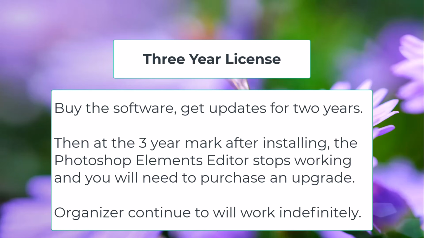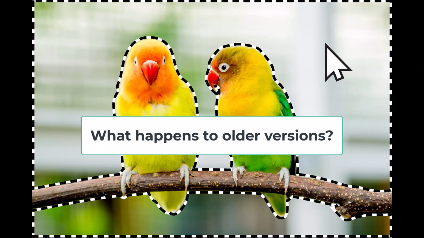Now, the big question is, will all the older versions of Photoshop Elements keep working? That's a good question. You've only had to sign into your Adobe ID and have the license connect back to the Adobe servers for the last few versions.